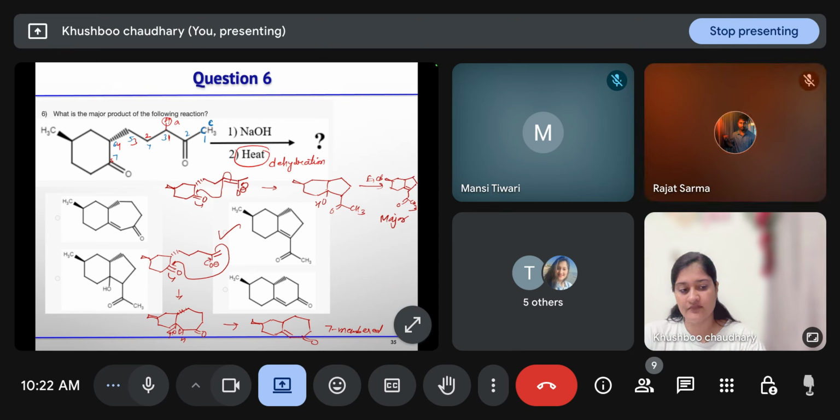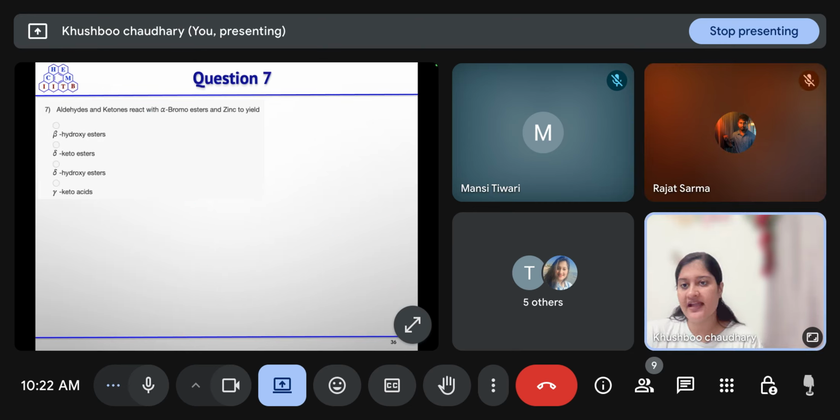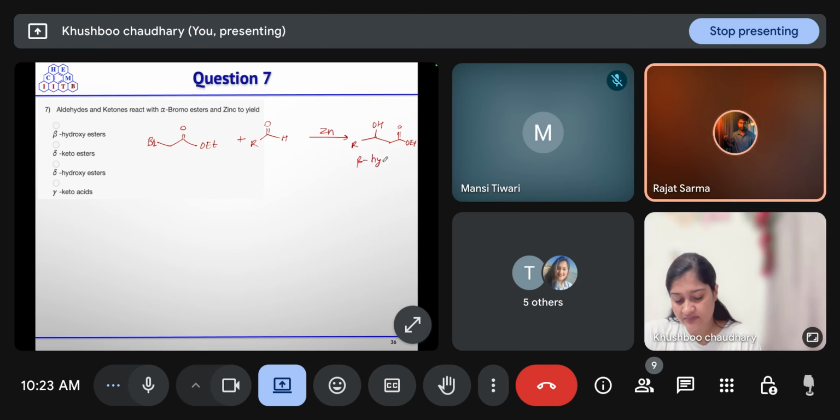Yes, ma'am, clear. Okay. Next: aldehydes and ketones react with alpha bromo esters in the presence of zinc to form beta hydroxy esters.